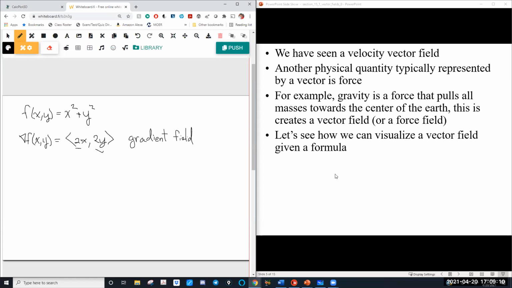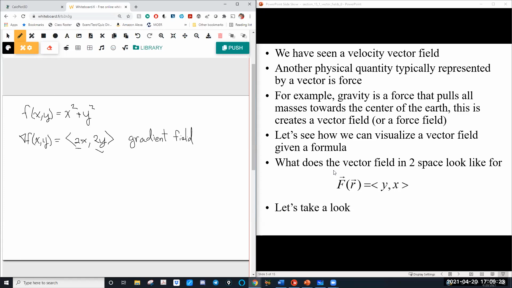So we want to be able to visualize these vector fields given a formula. I'm not going to have you draw any vector fields by hand, but you saw in the video how to do that. Basically, you go to each point in the plane and you draw that vector. So if I wanted to draw this vector field, I'm only going to draw a couple vectors because it's going to be messy, but I go to points in the plane.